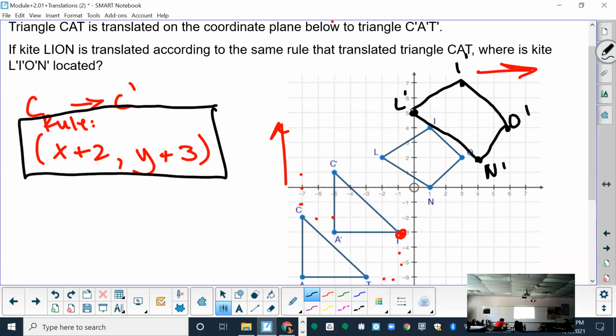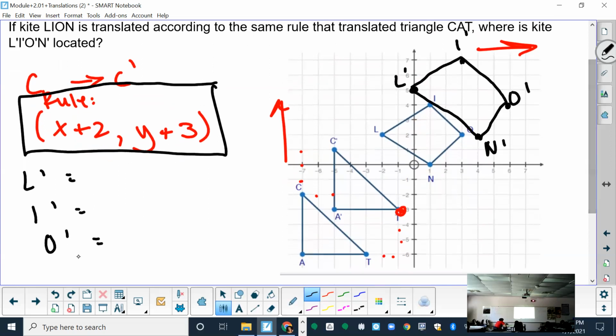All right, and this one doesn't just ask you to draw it, it asks you to identify the coordinates of each one. So you could just make a list: L prime, I prime, O prime, and N prime, and identify the coordinates of each one. If you're not good at identifying coordinates, then you need to practice.